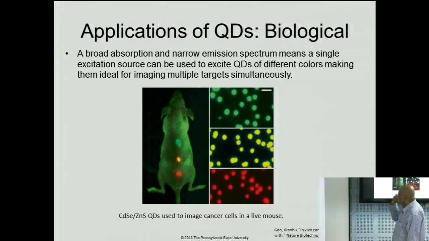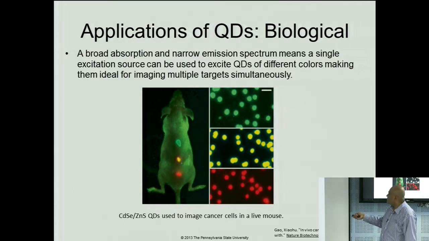So, quantum dots have been used for detecting cancer cells. So, you see this is a rat, and the quantum dots have been injected, and then when we put it under a light source, they luminesce at different colors, blue, green, yellow, and each of these colors is related to a certain chemical reaction occurring, and from there you can get the idea.